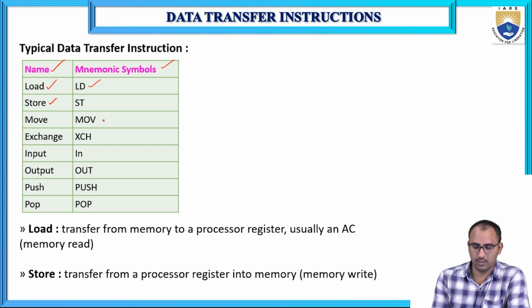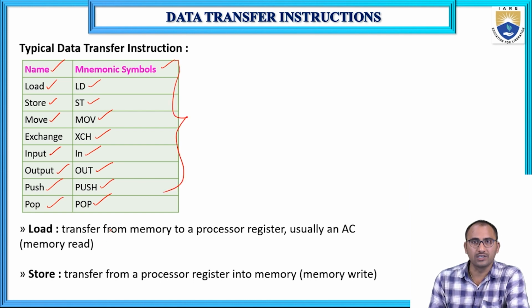Next, store, it is represented with ST. Move, it is represented with MOV. Exchange, XCH. Input, IN. Output, OUT. Push, PUSH. Pop, POP. So these are all the different data transfer instructions.